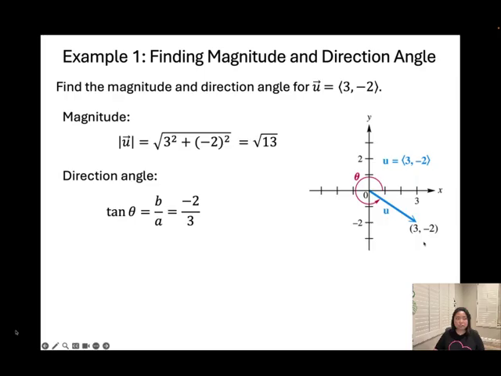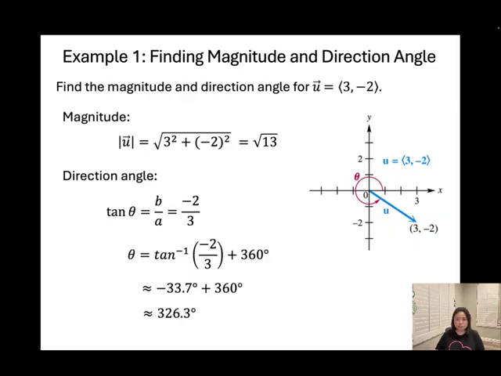So we're going to add 360. The total angle is 360 minus this amount, and that will be equal to your theta. Use your calculator. You're going to get negative 33.7 degrees, and then add 360, which is 326.3 degrees.